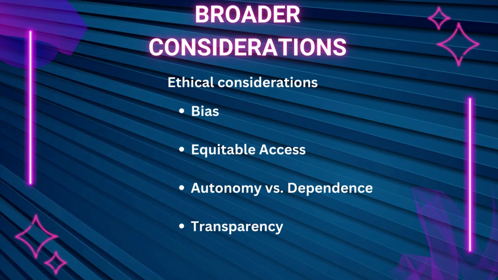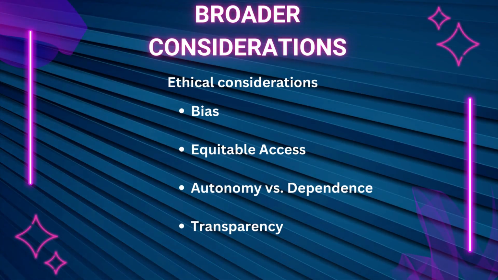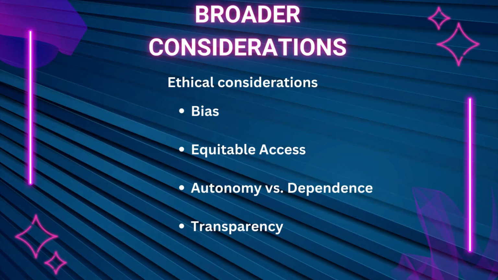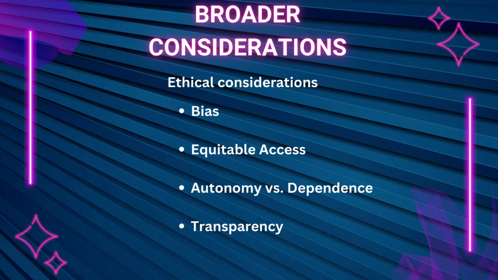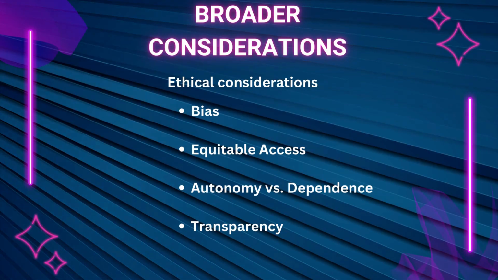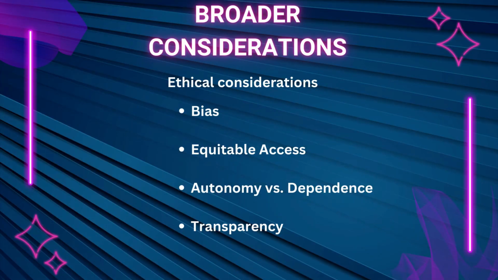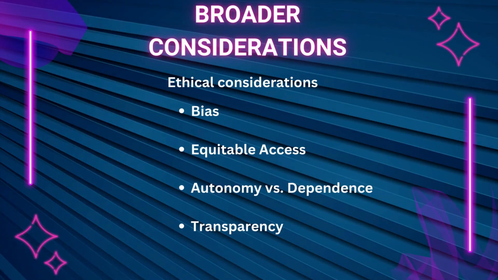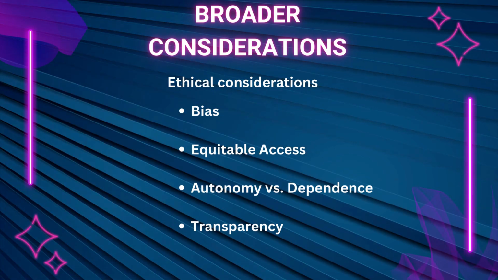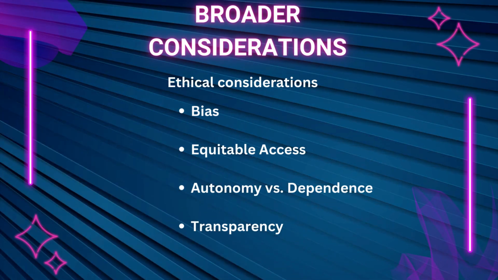Bias happens because AI tools learn from data created by people, which means they can unintentionally repeat biases that are put into the training. An example of this could be a hiring algorithm might favor certain names or backgrounds because of biased data.